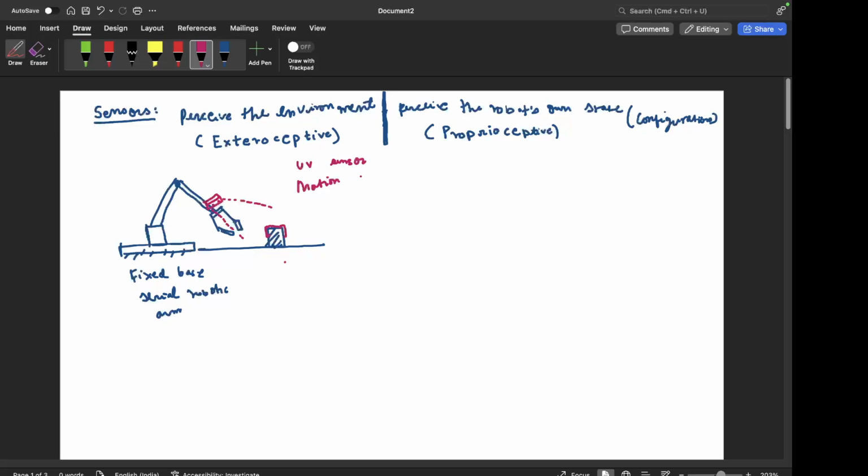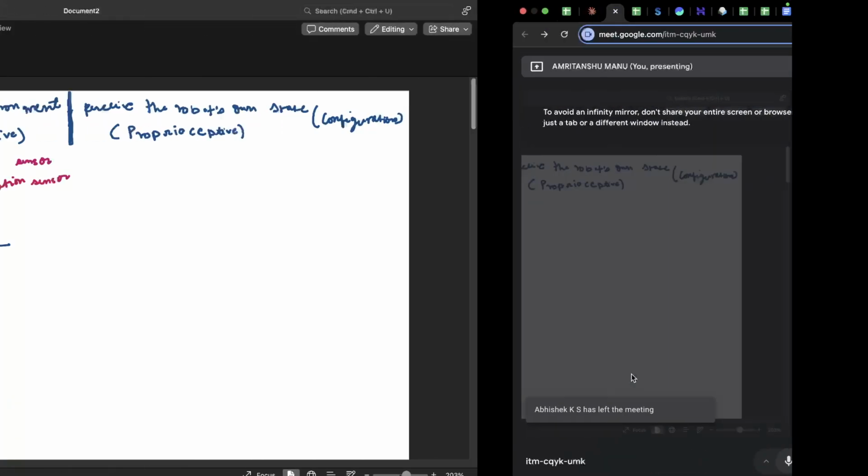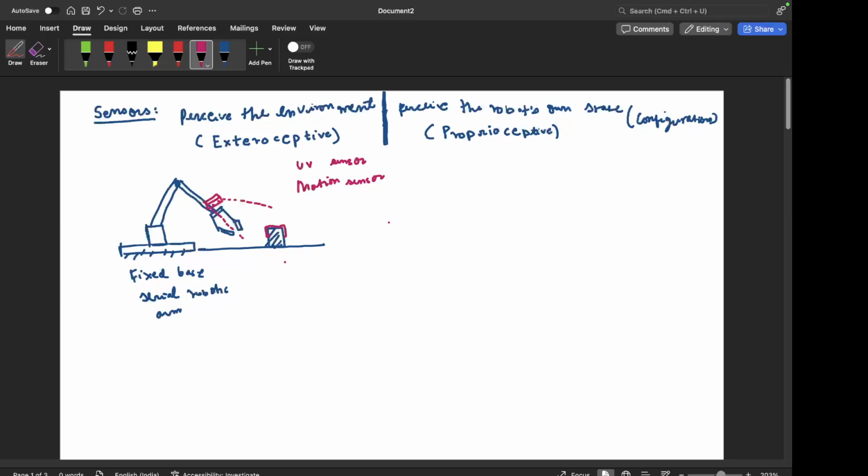This term exists, but I'm not exactly sure what you are trying to convey by saying a motion sensor. Can you just describe it? Siddharth, I guess. PIR motion sensor. Okay. Again, these are not exactly appropriate in this scenario, but these are sensors that exist, so I'm just writing them. These are used in other scenarios.